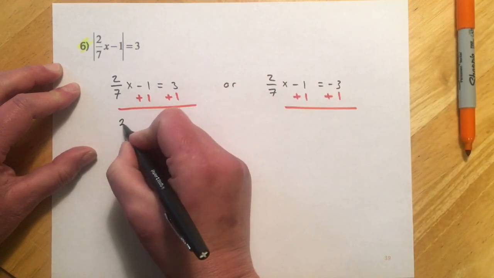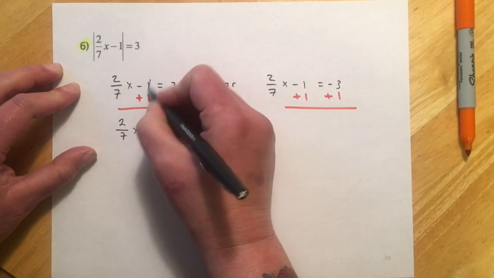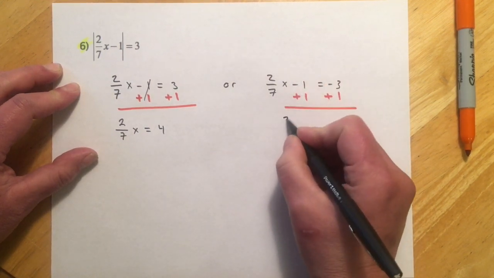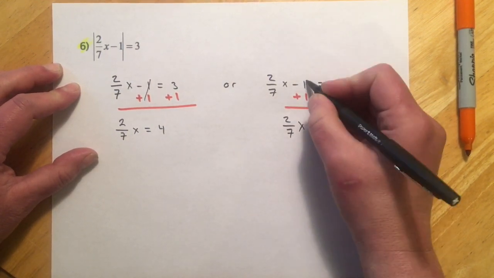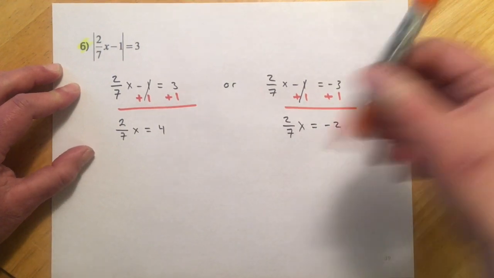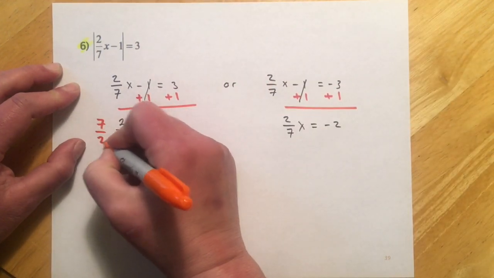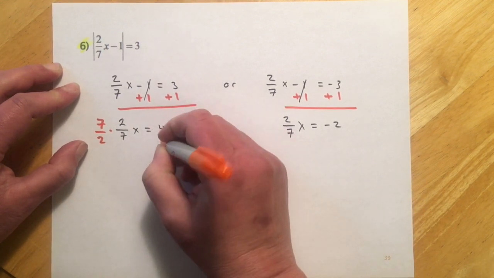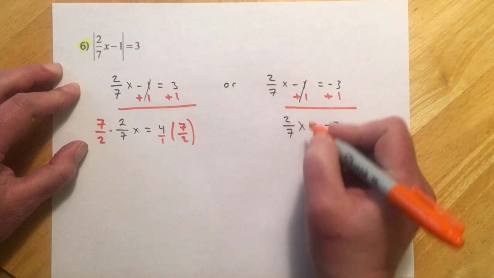So now I got 2/7 x, that cancels, equals 4. On this side I have 2/7 x, that cancels, equals negative 2. And then I'll just do 7 over 2 right there, and 7 over 2 right here. If it helps, you can throw a 1 down there.